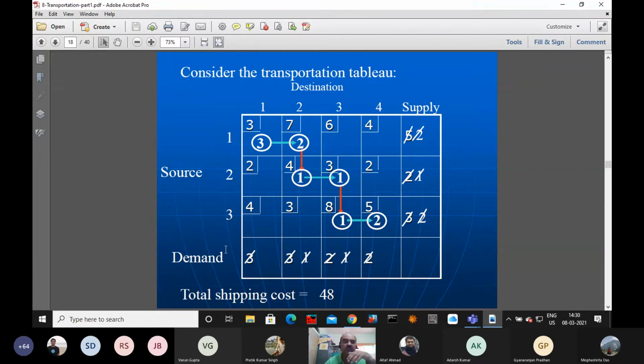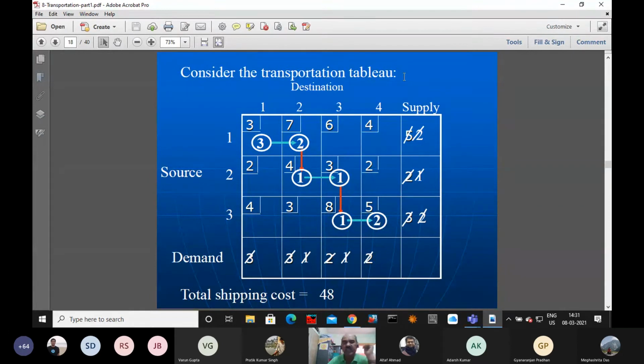The availabilities A1, A2, A3 are 5 units, 2 units, and 3 units. 5 plus 2 plus 3, altogether 10 units.